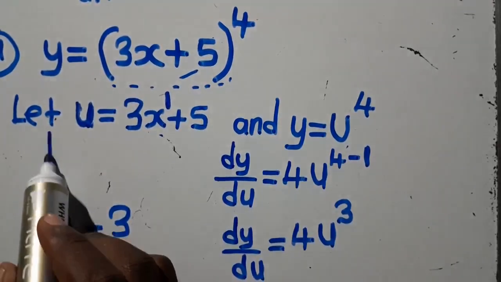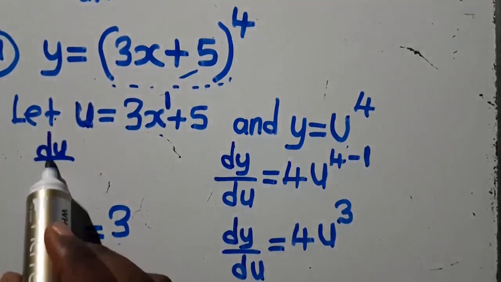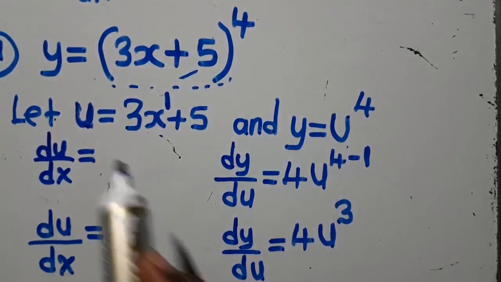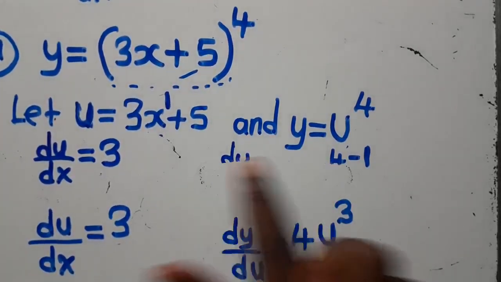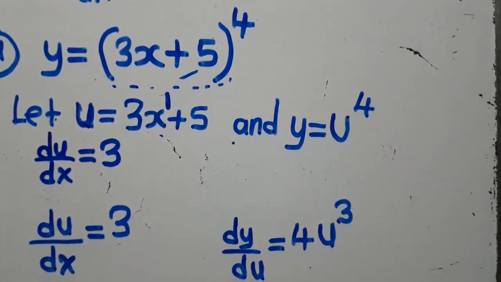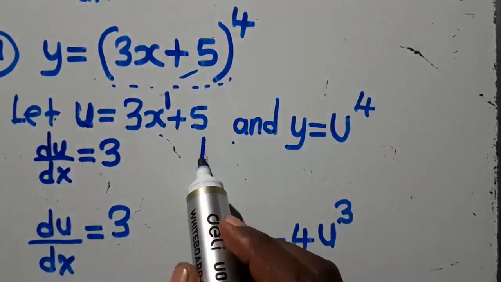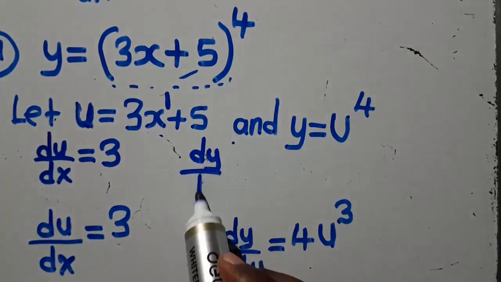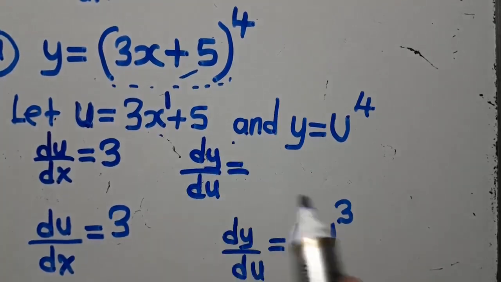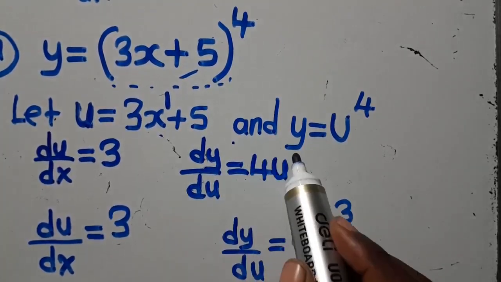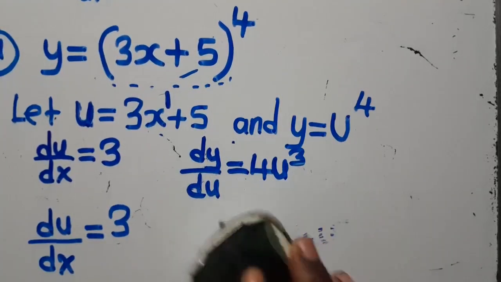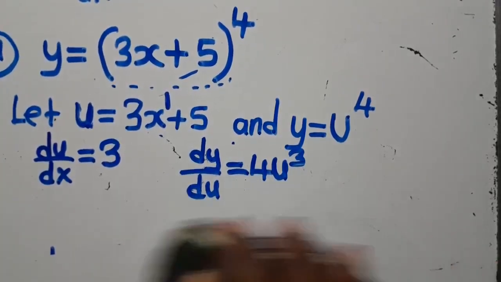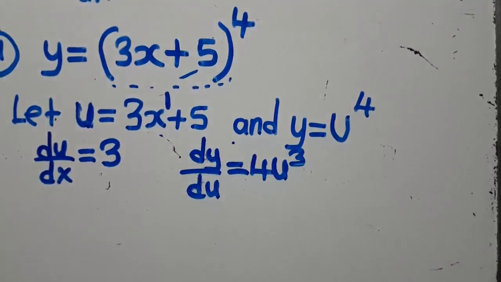So du/dx, the answer there is 3. I want you to follow. And dy/du is equal to 4u to the power 3, like that. So you've seen now I answered those.